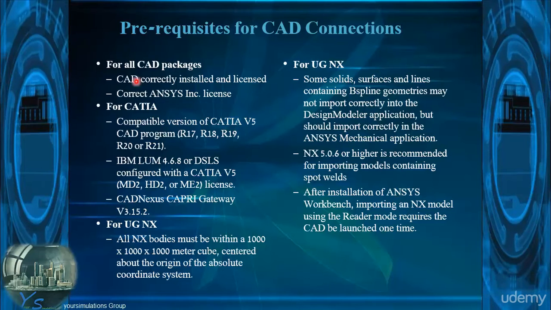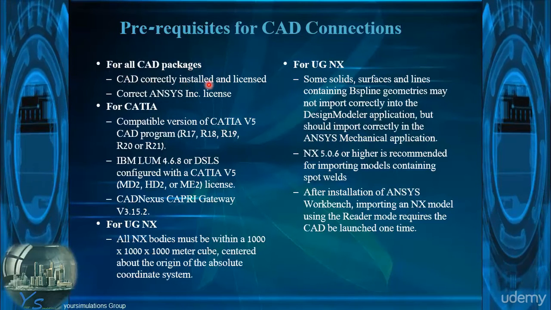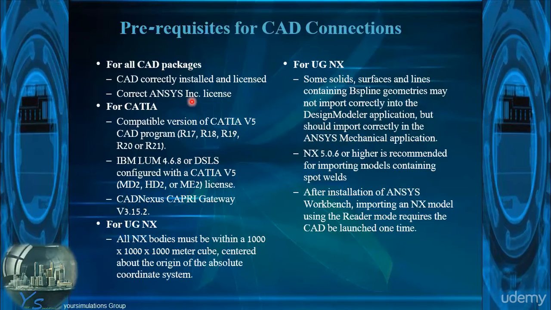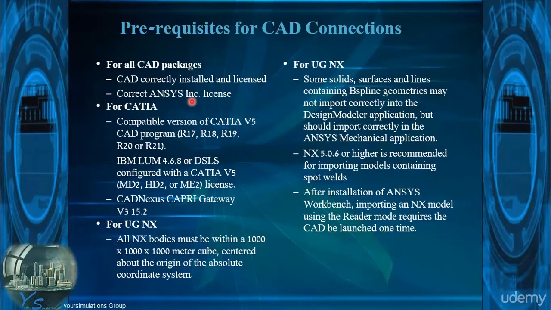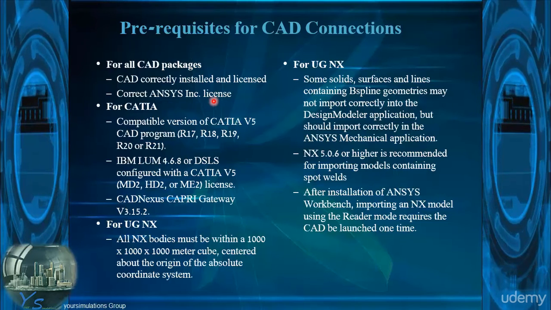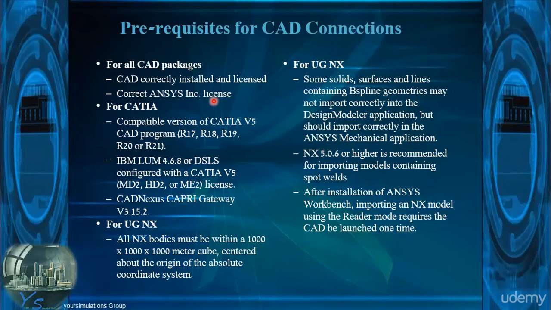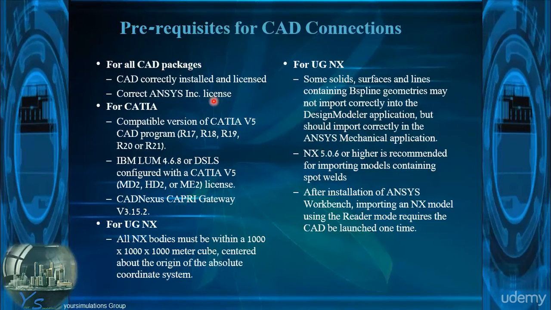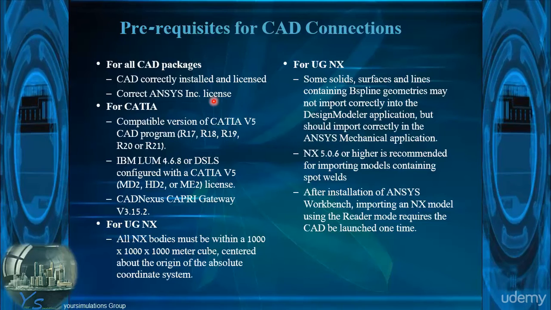But for all CAD packages, you need the CAD system correctly installed and licensed, and also need the correct ANSYS license manager, ANSYS license, CAD connection license available as well. Now, if you're doing the one-way transfer, in some cases you won't need the upstream CAD system installed and licensed.